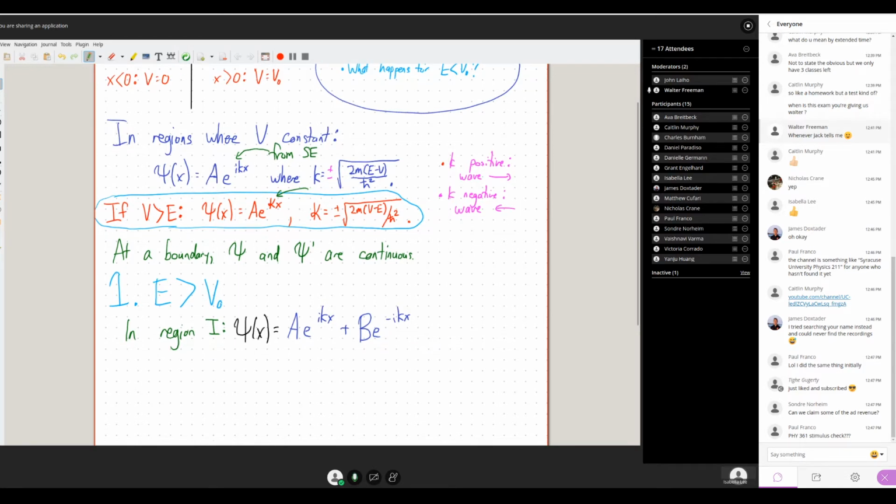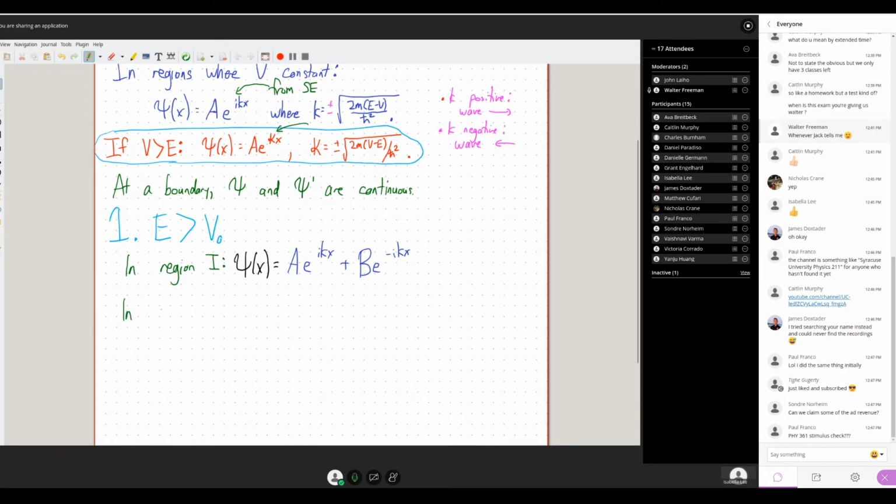And similarly in region 2, I can have the same thing, where k prime is the one with the potential.